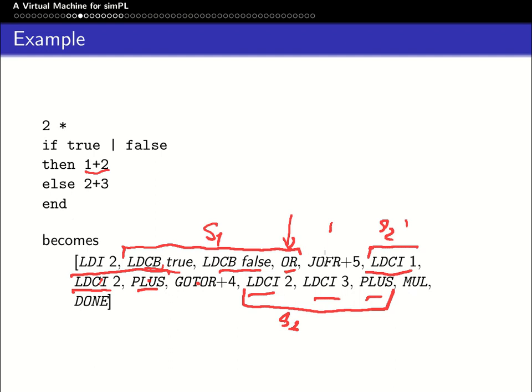We're going to see cases of jumping negatively when we implement while loops. So we're jumping by 5, and the plus is sort of redundant. Go to R plus 4: we have to skip 4 instructions, 1, 2, 3, 4, so we end up here.